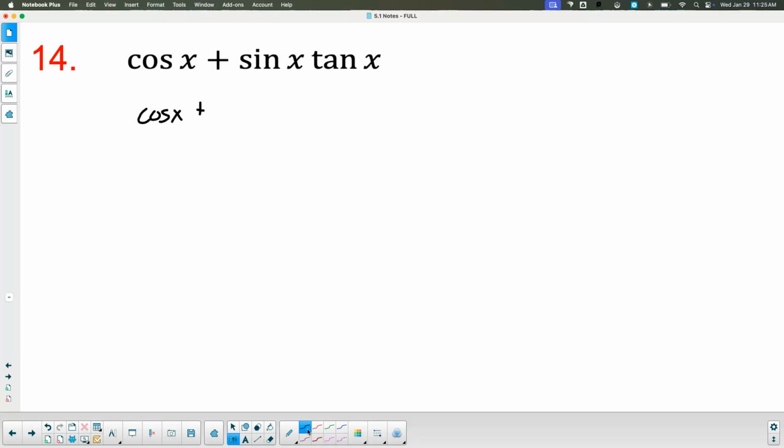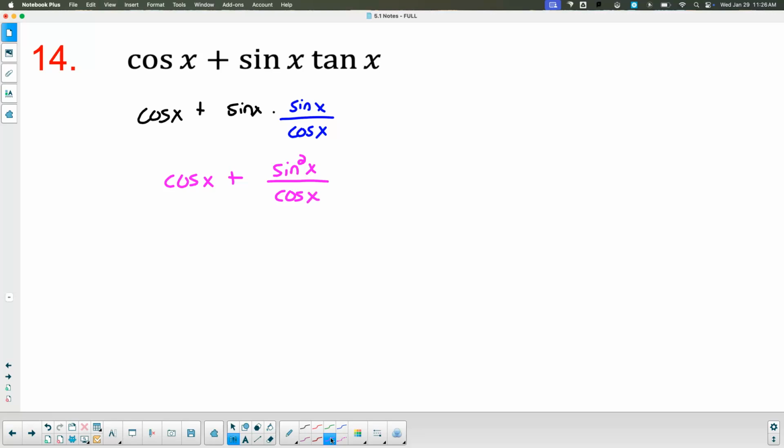Sine tangent is going to be sine times sine over cosine, right? So this is really cosine plus sine squared over cosine.